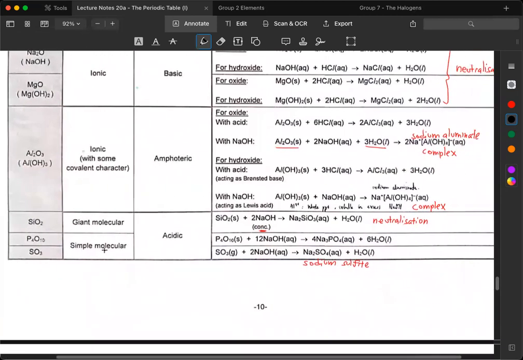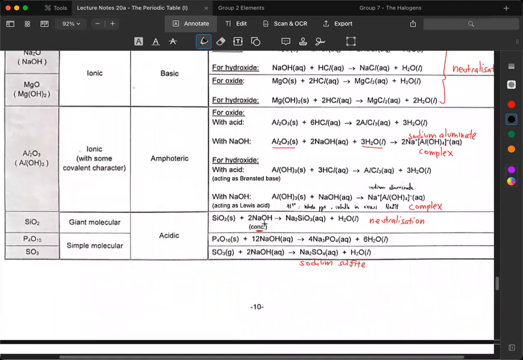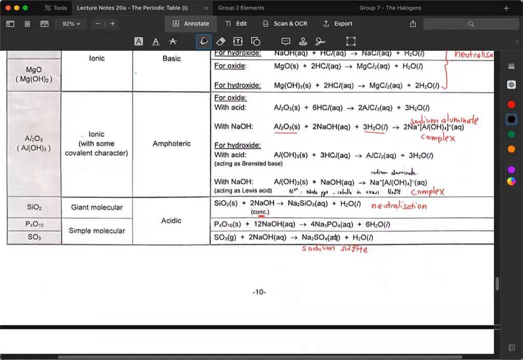As for these three acidic oxides, they react with alkaline to form a salt: Na2SiO3 and so forth.